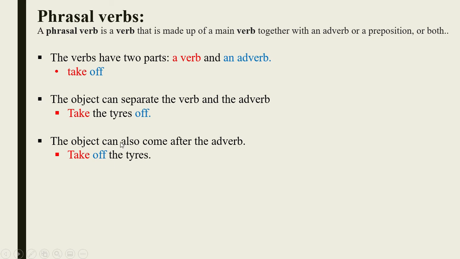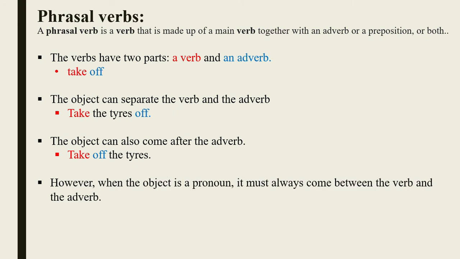The same as this one, the object is a noun. So the object, if it's a noun, can come between the verb and the adverb or after the adverb. But if the object is a pronoun, it can only come between the verb and the adverb.